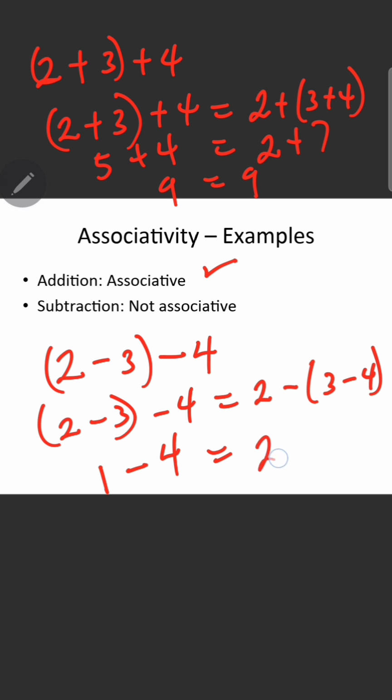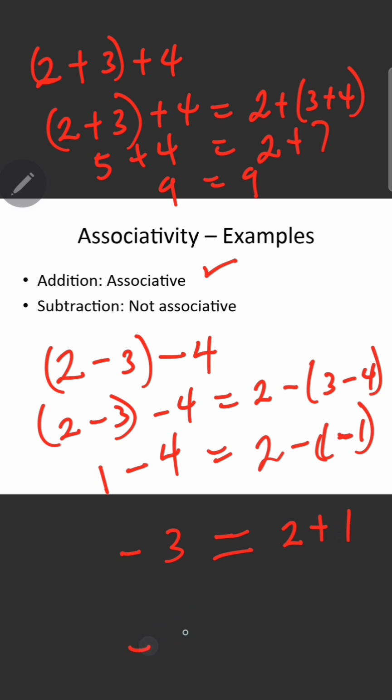And this one will give me 3 minus 4, which is minus 1, then 2 minus minus 1, which is 3.